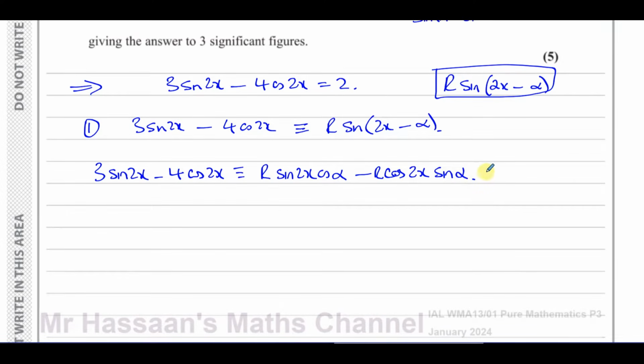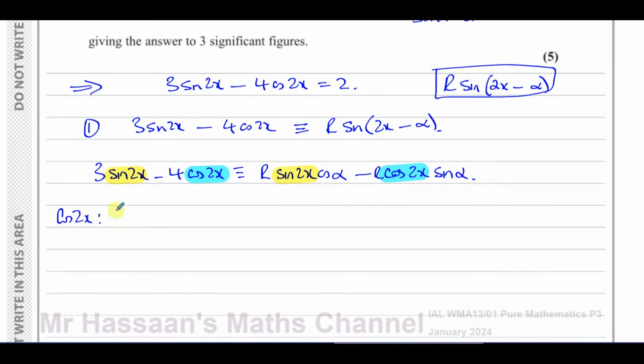Now I'm going to compare the coefficients of sine of 2x and cosine of 2x on both sides of this identity. So I have sine 2x here and sine 2x here, and I have cosine 2x here and cosine 2x here.